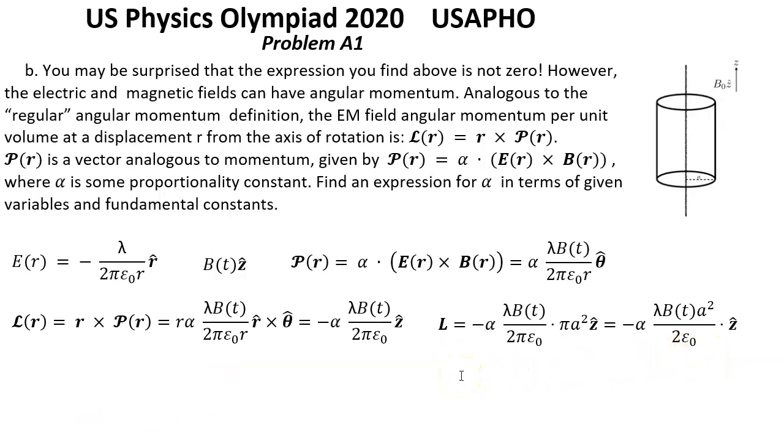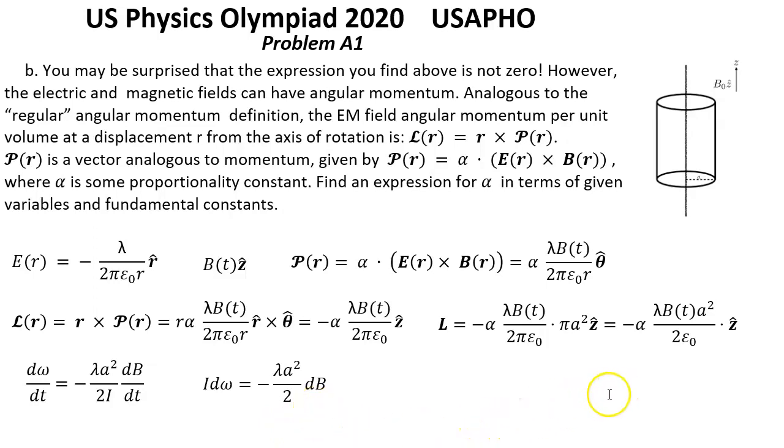And now let's find out what happened in question A. In question A we had delta omega over delta t equal to this expression, and from here we can compute the change of mechanical angular momentum per unit length. That is I delta omega equals negative lambda a squared over 2 multiplied by delta B, the change of magnetic field.